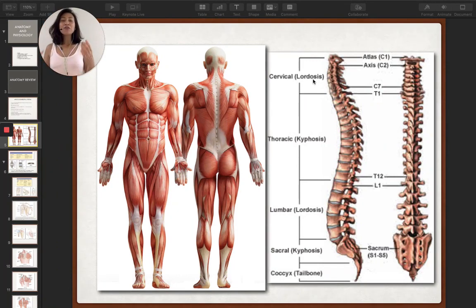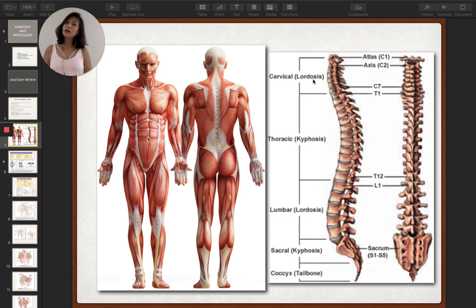Okay, so from T12, let's connect to our back here. The nice curve of your back that, when you are teaching, you like to encourage your clients to keep, the neutral spine, or the natural curve of your back. That area is part of the lumbar spine.